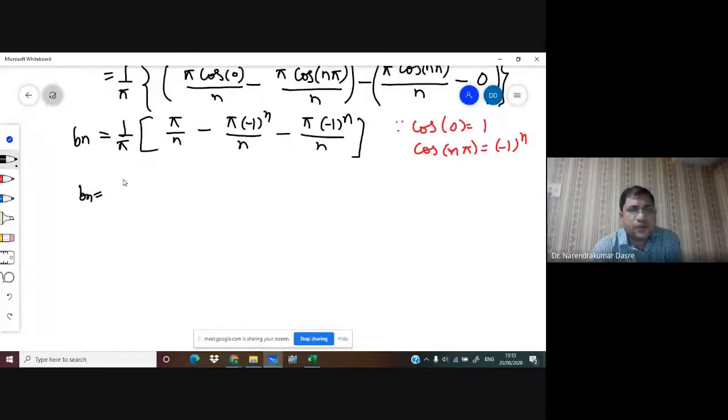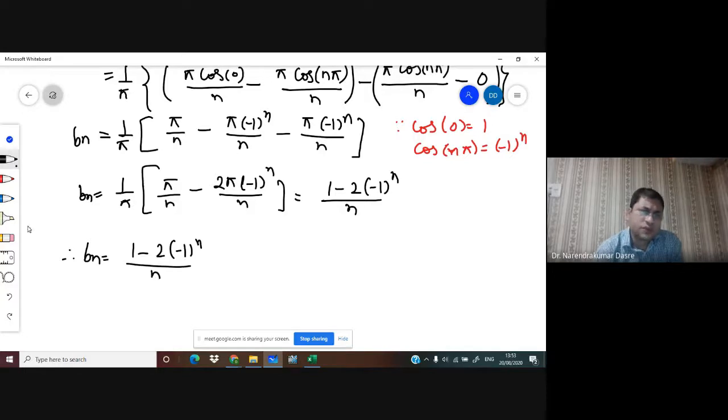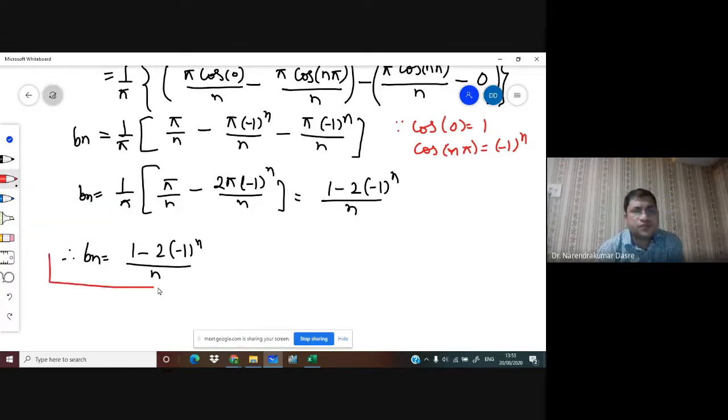Bn is equal to 1 upon pi, pi upon n minus 2 pi times minus 1 raised to n upon n. We can have this pi common, and then we can write this as 1 minus 2 times minus 1 raised to n, upon n. So we got the value of Bn, and it's going to be our equation.